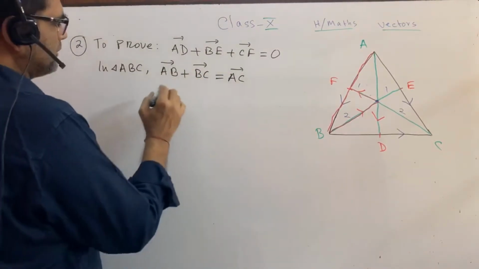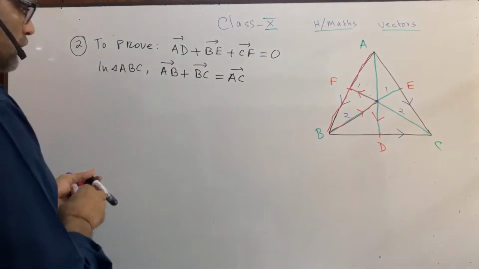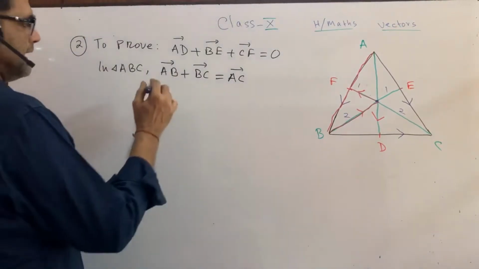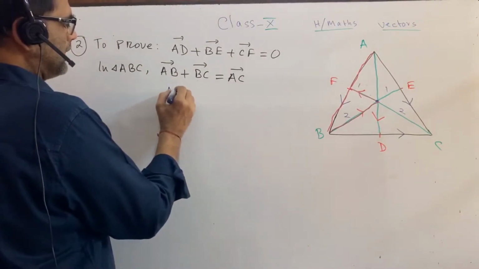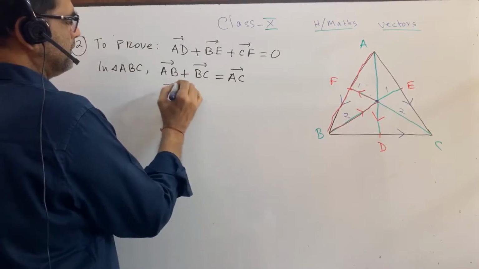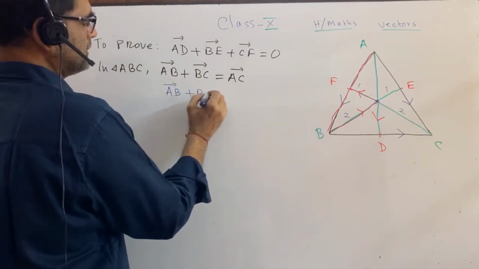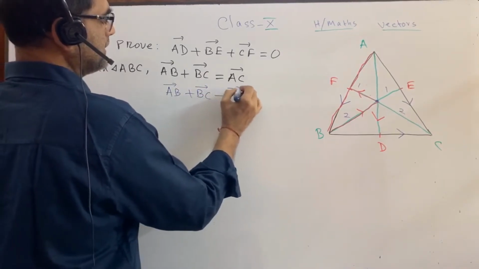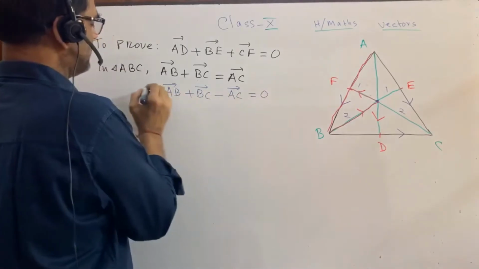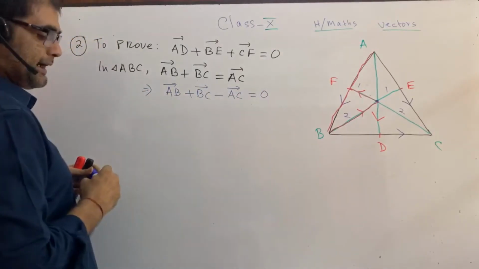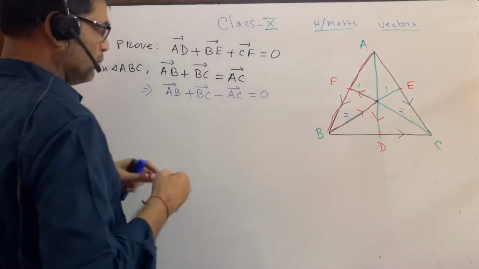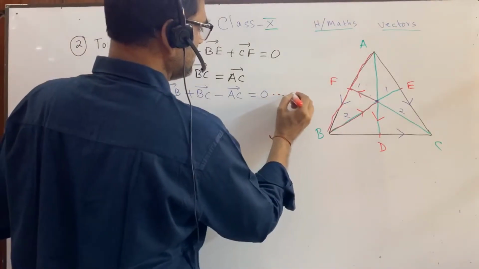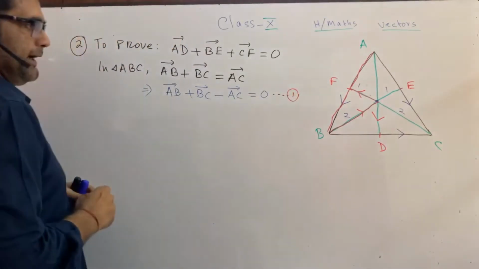From here we can also write another line, that is, AB plus BC minus AC is equal to 0, and we mark it as equation 1.